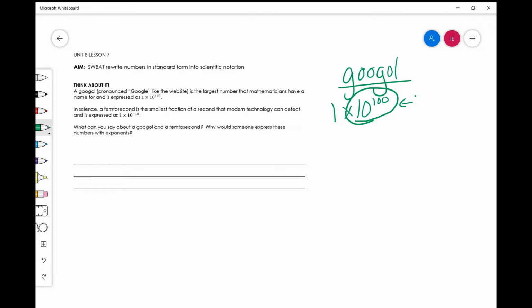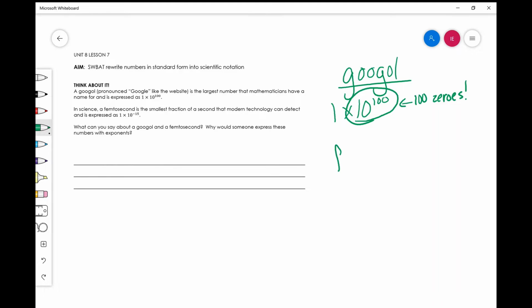So I would have 100 zeros behind that 1. Maybe you have enough time at home, but I'm not writing that out. That's way too much. So a googol is 1 with 100 zeros behind it.